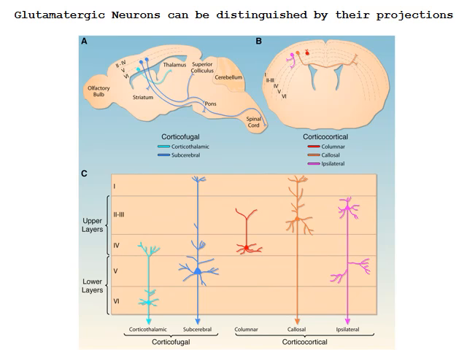For example, upper layer neurons show mostly intracortical projections, either callosal or not, while deeper layer neurons project to subcortical targets. Layer 5 neurons can have projections reaching the spinal cord, while layer 6 neurons predominantly target the thalamus.